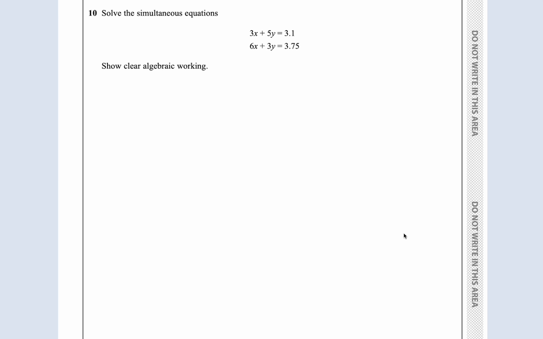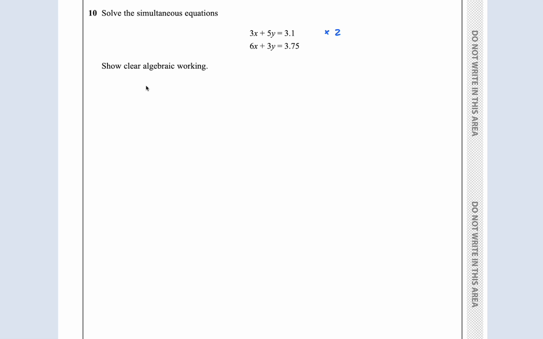Question 10. Simultaneous equations, show clear algebraic working. Okay, the easiest thing to do, guys, is I have to get the x's either the same or the y's the same. The easiest one to do, I think, is if I just multiply the top by 2, then I'll have 6x and 6x.